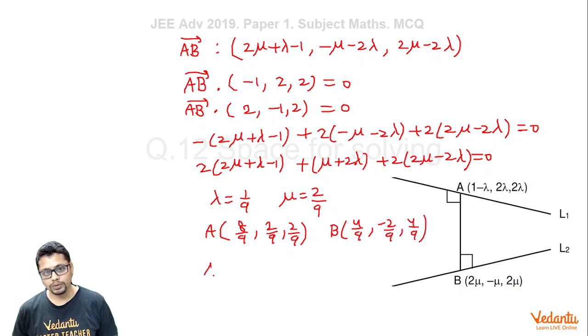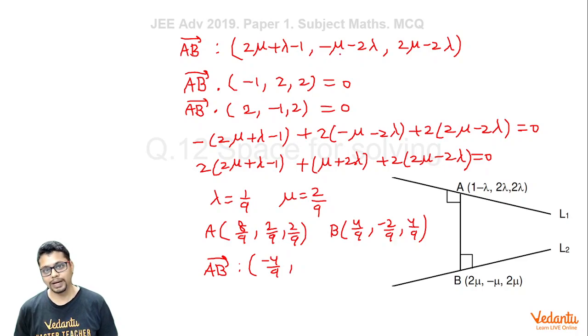And also, you can get AB vector, which essentially is a vector parallel to line L3. It turns out to be, as you put values of lambda and mu, you can check, 4 by 9 plus 1 by 9 minus 1. So essentially it becomes minus 4 by 9.